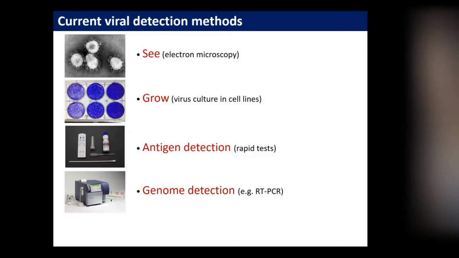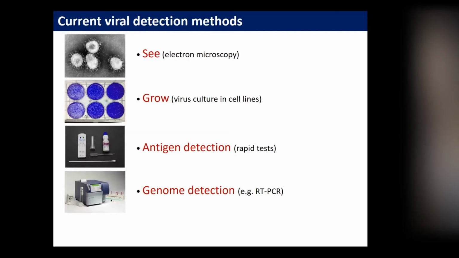This is done through a technique called RT-PCR, where you amplify up the genome and use fluorescent techniques to detect it. This is currently the gold standard for SARS detection, used in laboratories worldwide to tell if the virus is present in a sample or not.